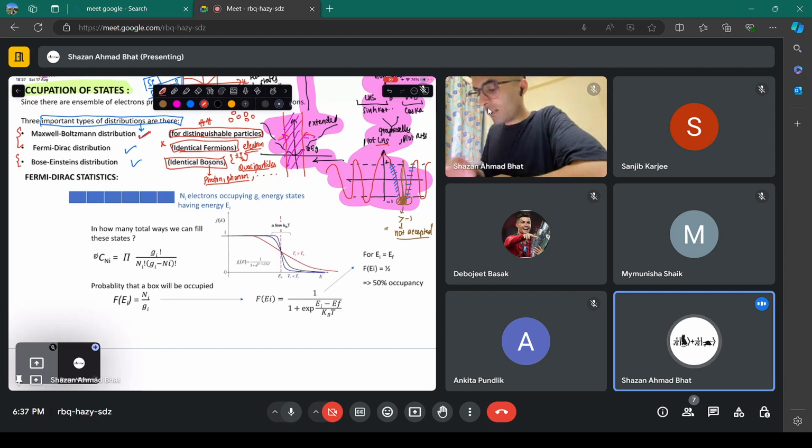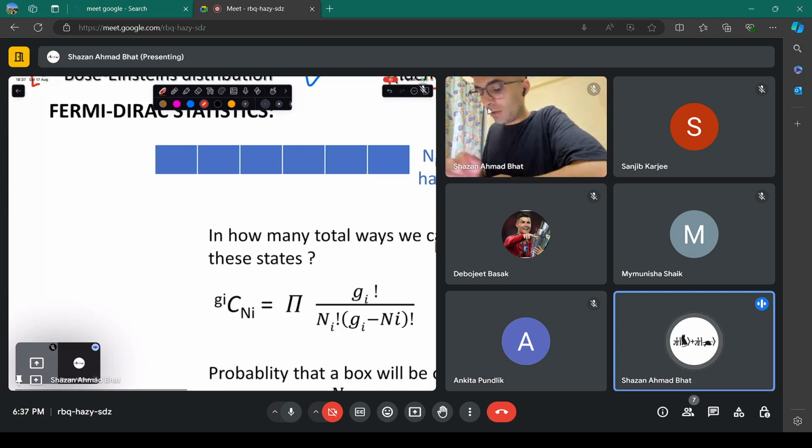And how these distributions look is, the Maxwell-Boltzmann distribution looks something like e to the power minus E over kT. The Fermi-Dirac distribution looks something like 1 over e to the power E minus E_F over kT, plus 1. The Bose-Einstein distribution looks something like e to the power E over kT minus 1.